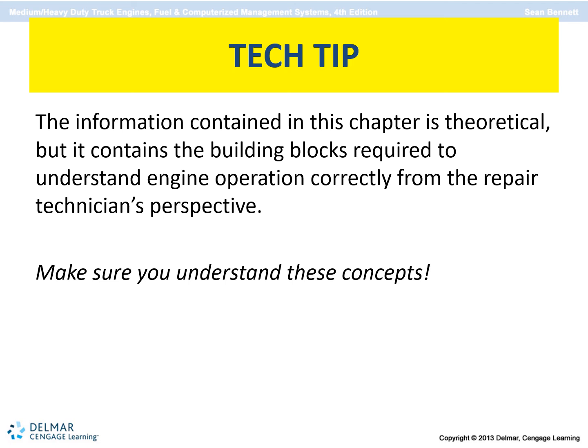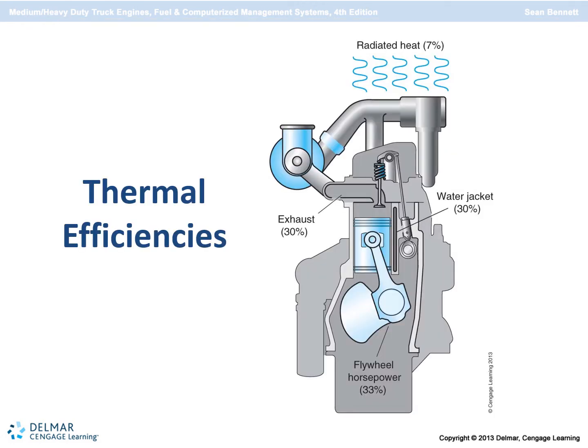Even though this information is theoretical in its nature, it's important for technicians to understand what's going on and what this terminology is and why it's important. Thermal efficiency: how the engine manages heat. The heat has to be removed from the engine, and heat transfer happens through a combination of exhaust gas, the water jackets and the radiant heat from the engine itself.